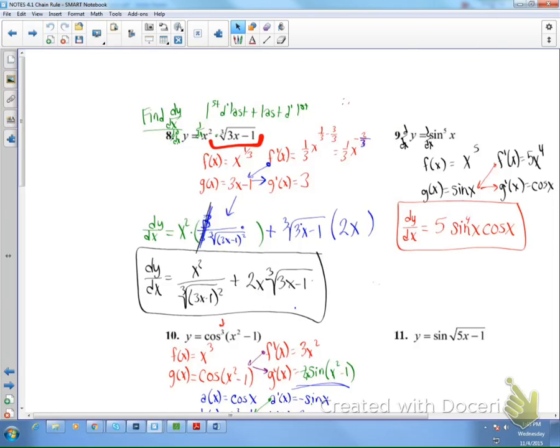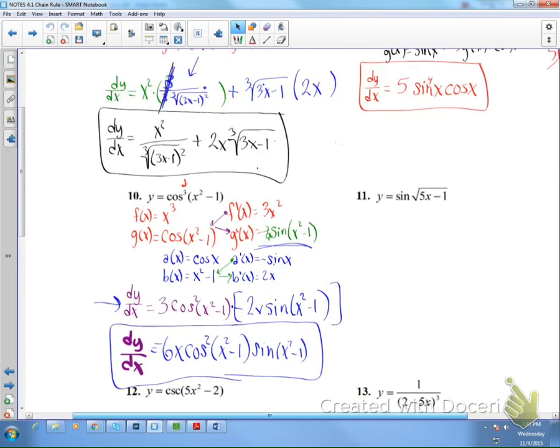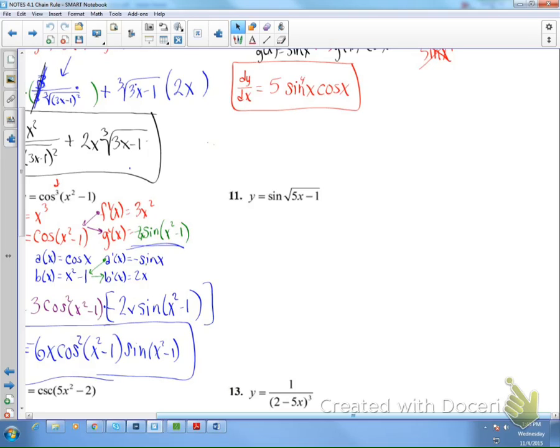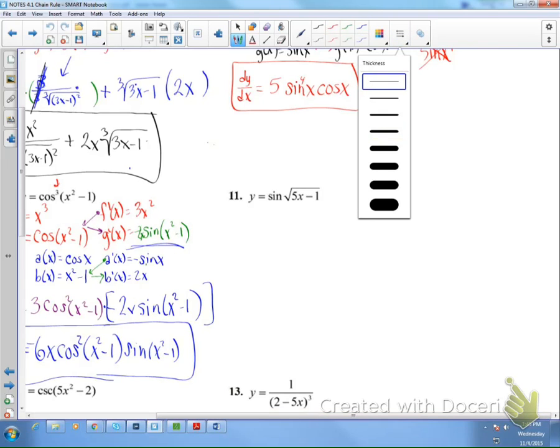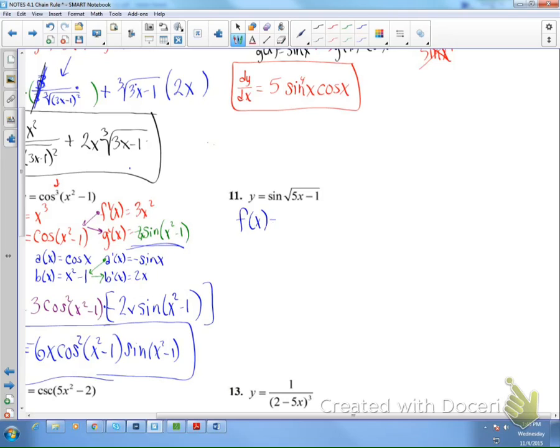Could we also look at 14? Would f of x be sine of x to the 1/2, or would it be just sine of x and then g of x would be 5x minus 1 to the 1/2? Yeah. So f of x is sine of x, g of x is 5x minus 1 to the 1/2 power, because the square root is the 1/2 power.